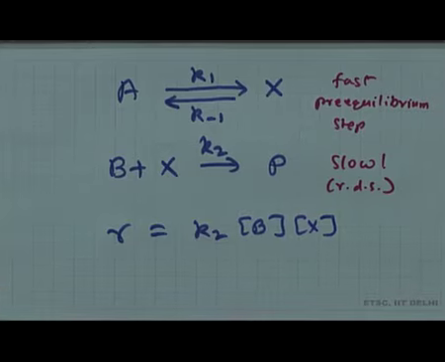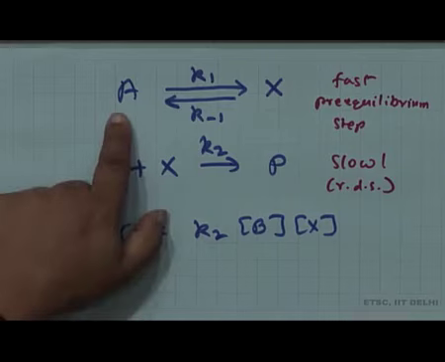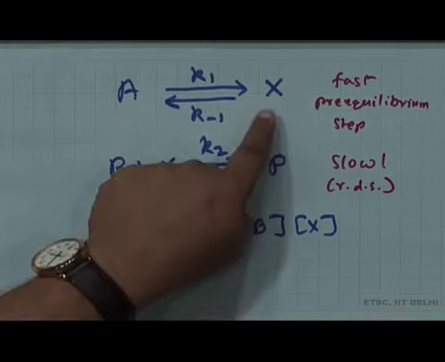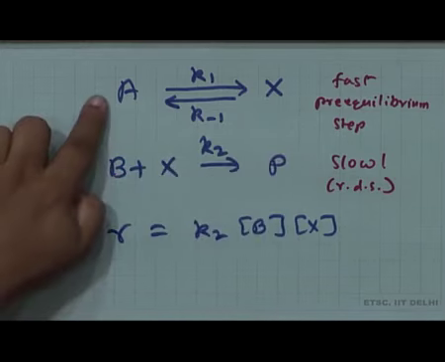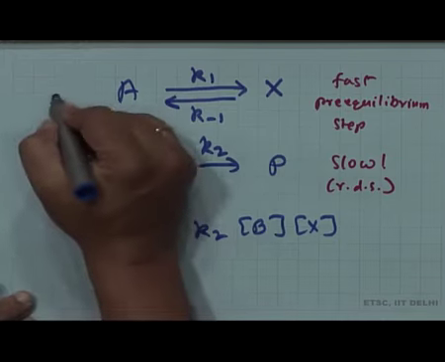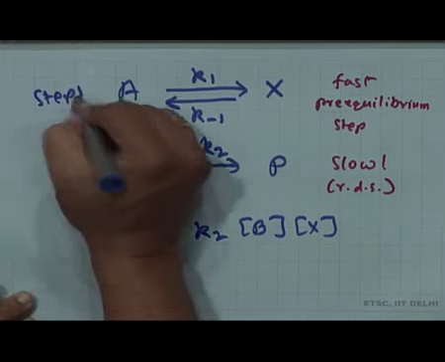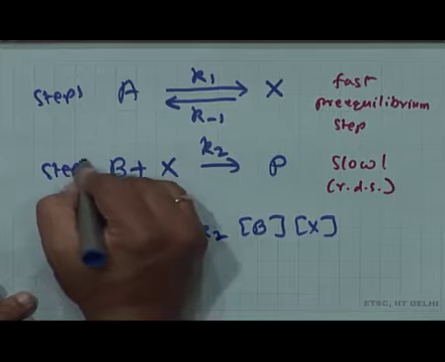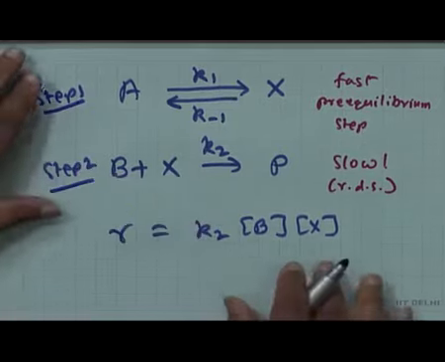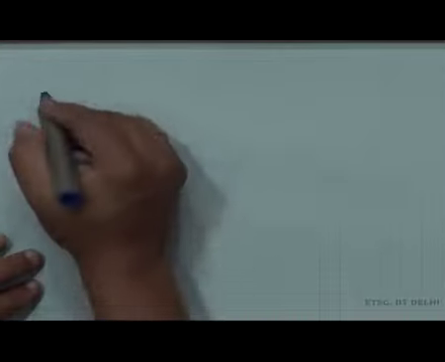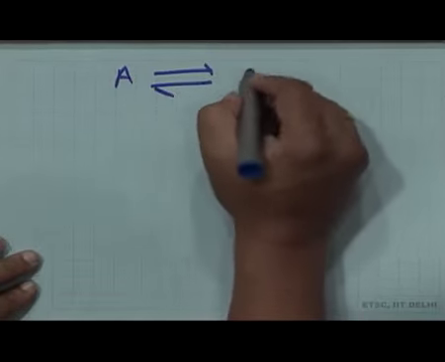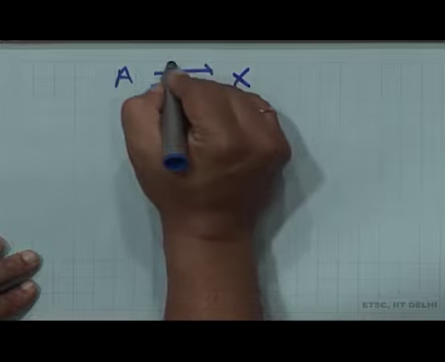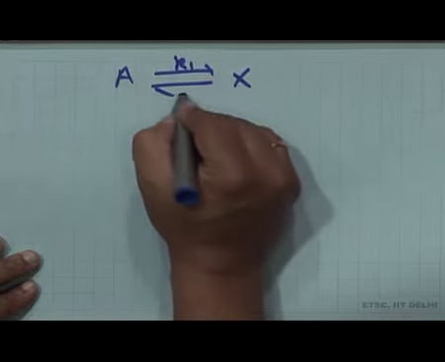But is there a way to replace x out? Is there a way to replace x out? Let us look at this A in equilibrium with x. So what happens is, at equilibrium, if you look at step 1, so if this is step 1, this is step 2, then I can write from step 1, which is A in equilibrium with x, fast pre-equilibrium, K1 and K minus 1.